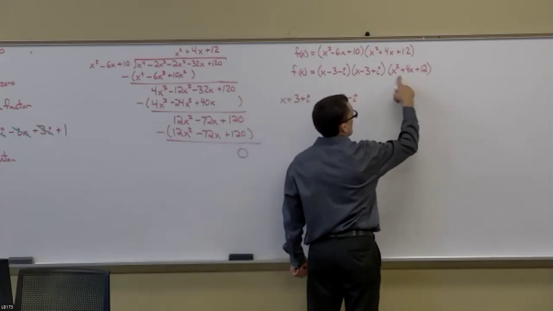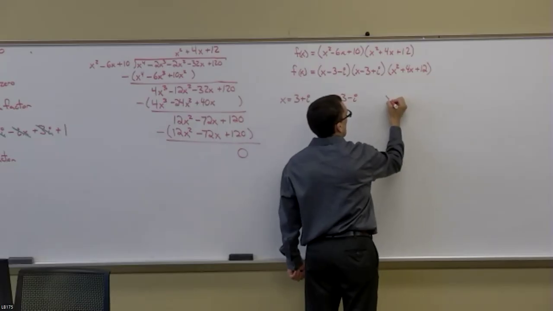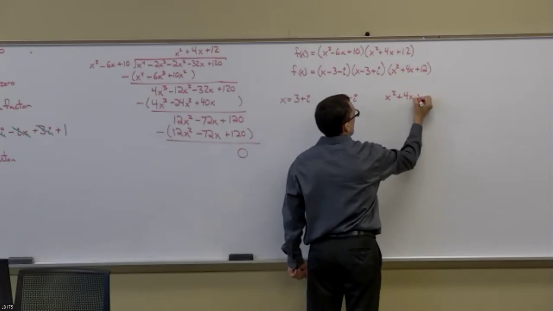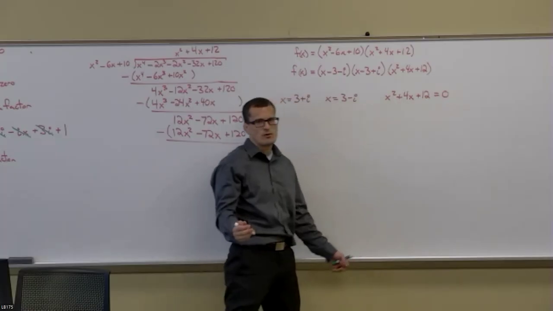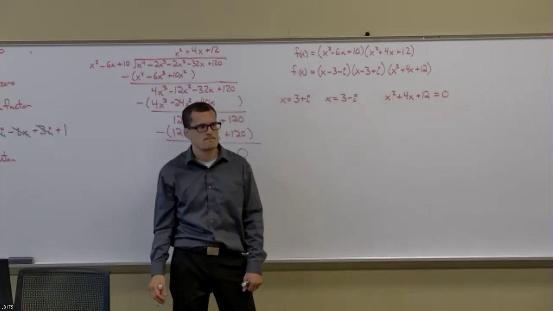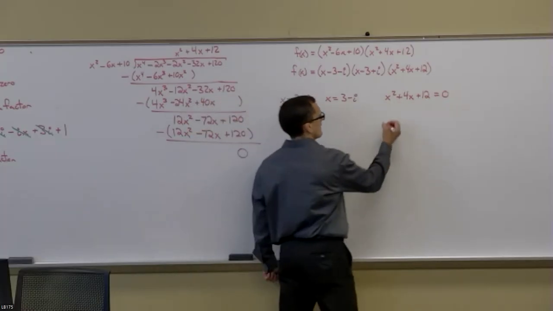To find the zeros that this one would produce, I just set that quadratic equal to 0, and then do quadratic formula.